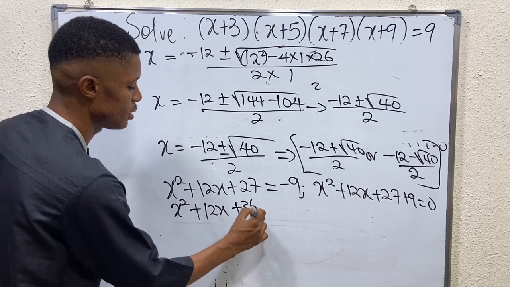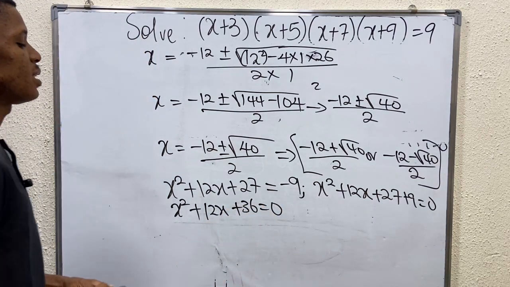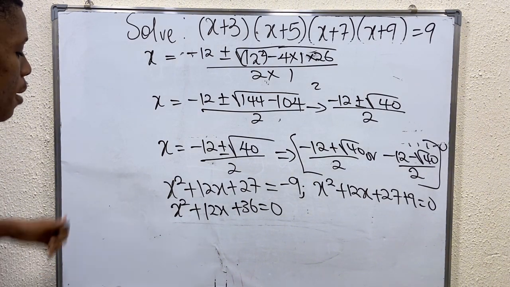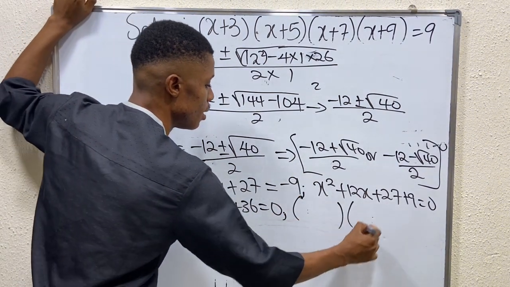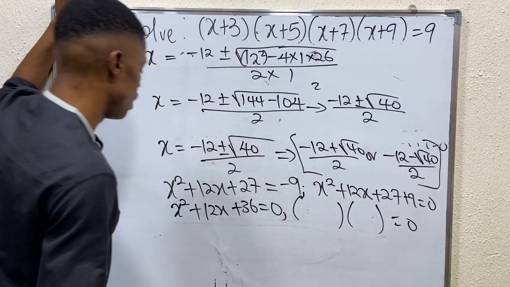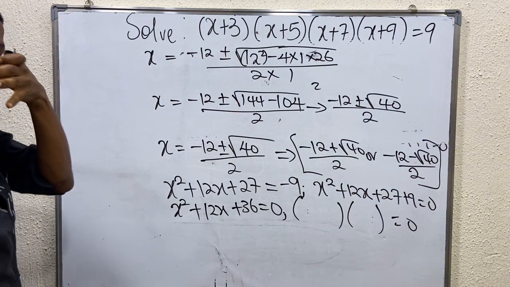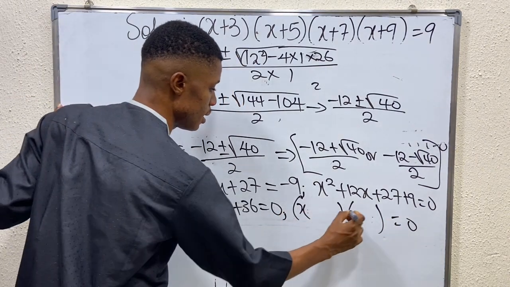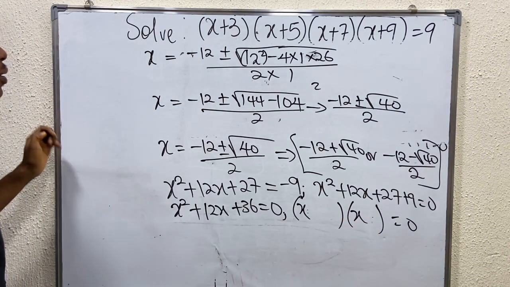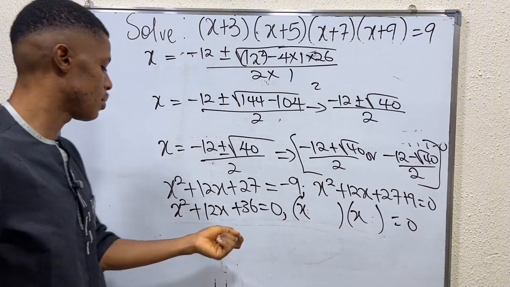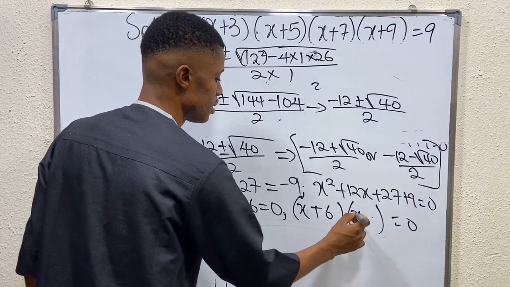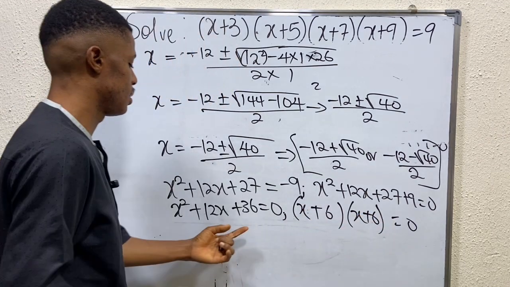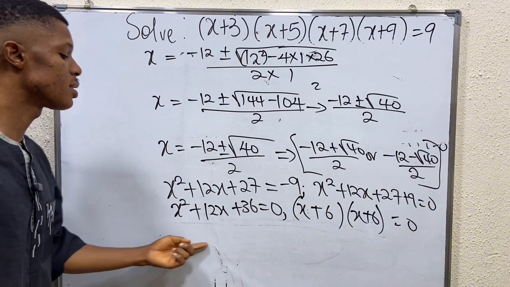So let's factorize. Okay, to factorize, we have to what? Open two brackets and equate it to 0. What multiplies to get x squared is just x and x. Two numbers that multiply to get 36 but add up to get 12. These are what? 6 times 6 is 36 and 6 plus 6 is 12.